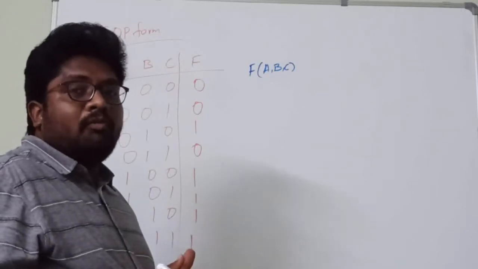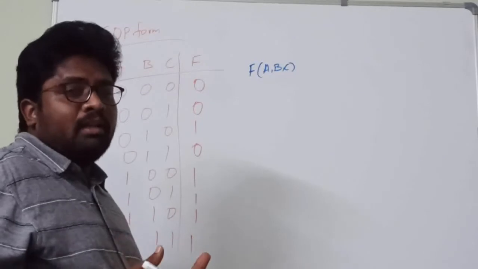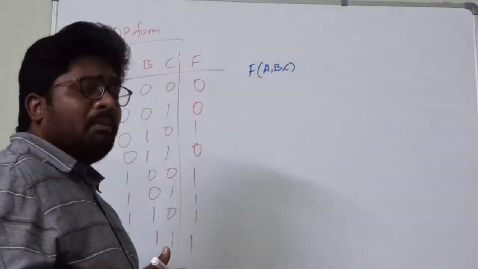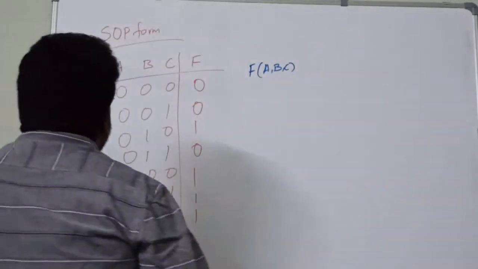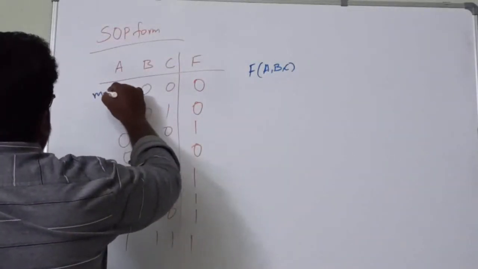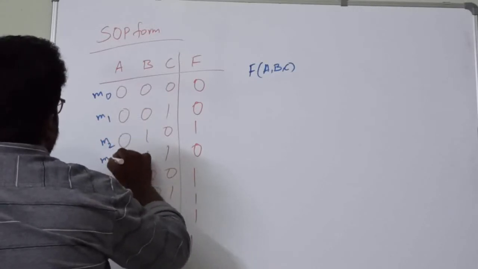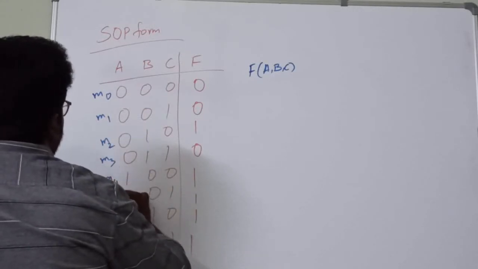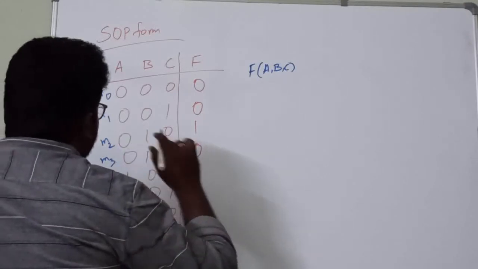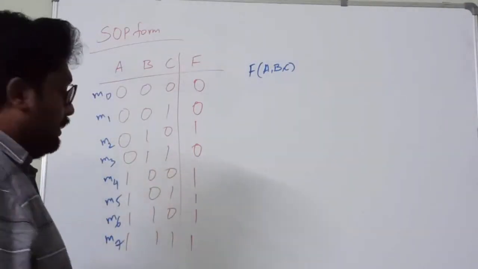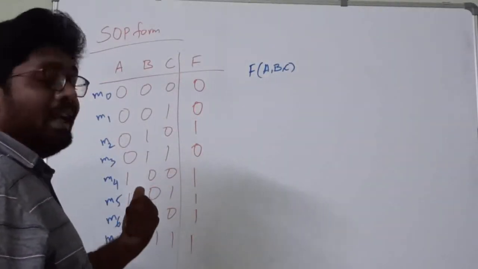In SOP form we are doing the sum of products, right? So we will be using the min terms. Here I am representing the min terms as M0, M1, M2, M3, M4, M5, M6 and M7.